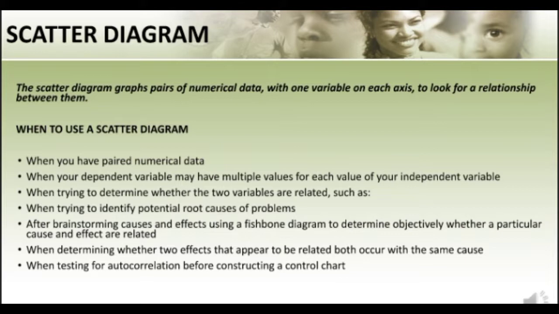And third, when trying to determine whether the two variables are related, such as when trying to identify potential root causes of problems, and after brainstorming causes and effects using a fishbone diagram, to determine objectively whether a particular cause and effect are related. Another one is when determining whether two effects that appear to be related both occur with the same causes, and when testing for autocorrelation before constructing a control chart.